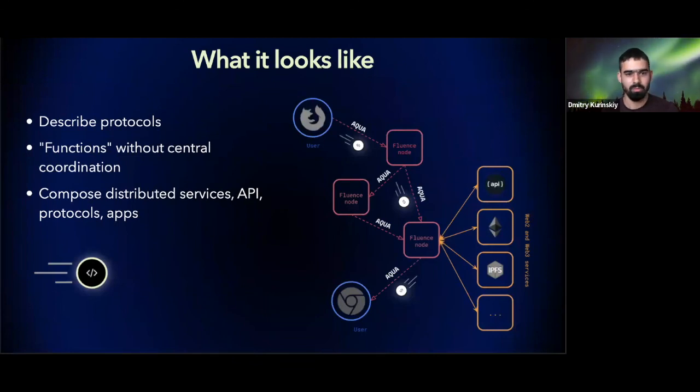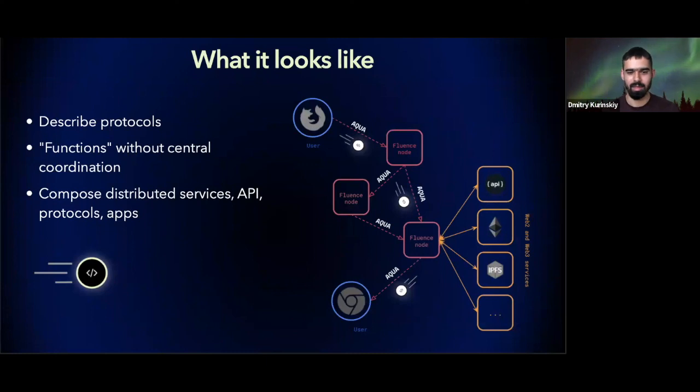So a few words about what Aqua looks like. If you don't know, you describe protocols, and you can send some script. It flows from node to node. It can call external APIs.